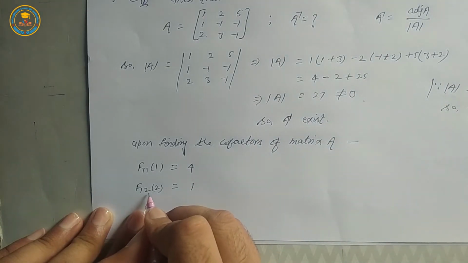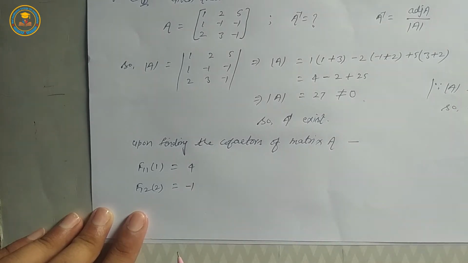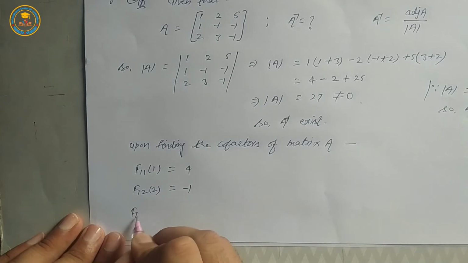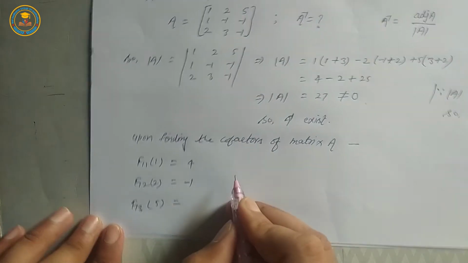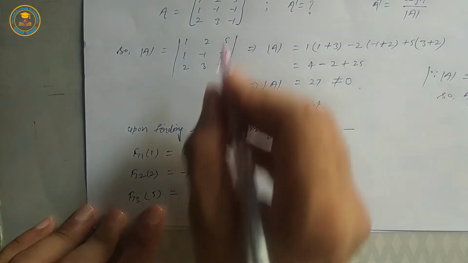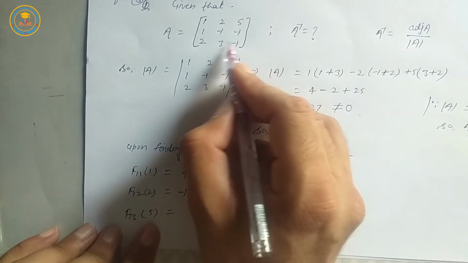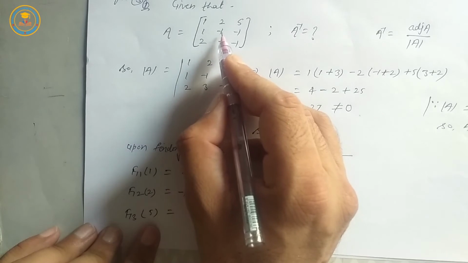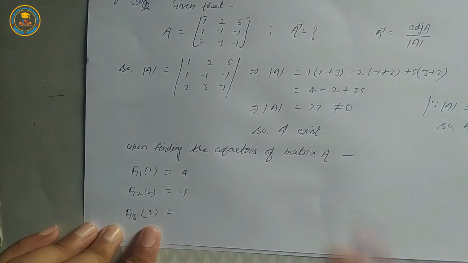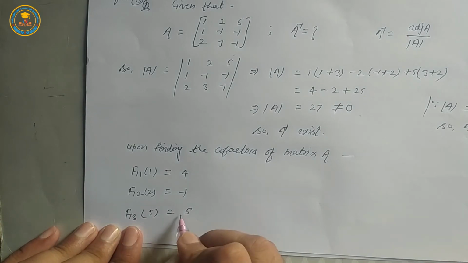But 1 plus 2, 3, odd number, it means minus. F13, cofactor of 5 is equal to 3 into 1 minus 2 into minus 1, 3 plus 2, it means 5. But 1 plus 3, 4, even number, it means positive.